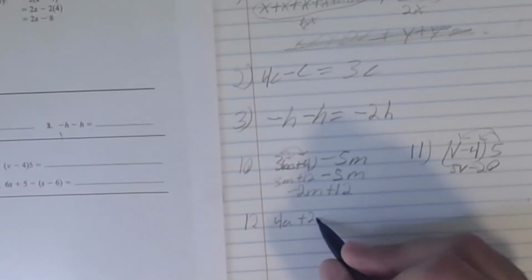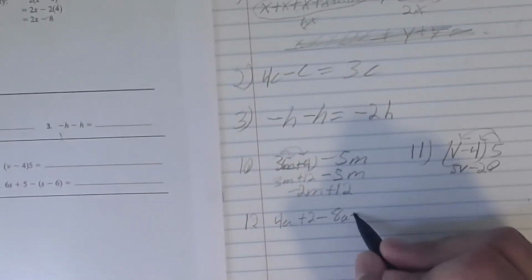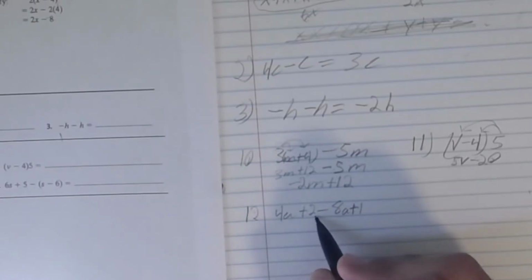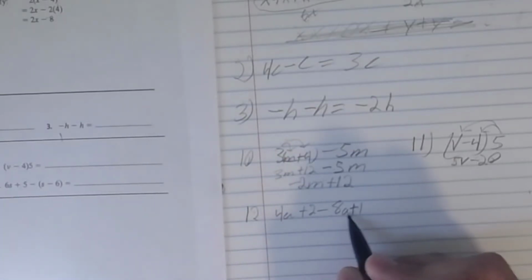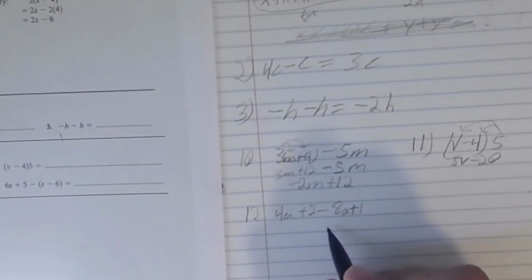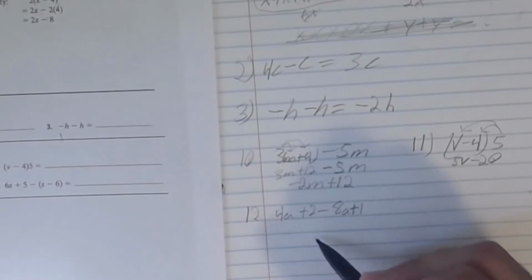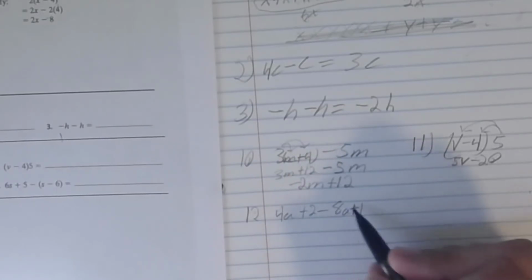We have 4A plus 2 minus 8A plus 1. Can we combine anything? Yes, we can. We can combine the 4A and the 8A. The way we do that is just add them up.